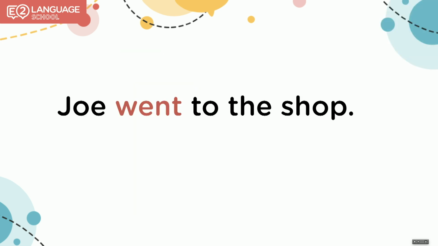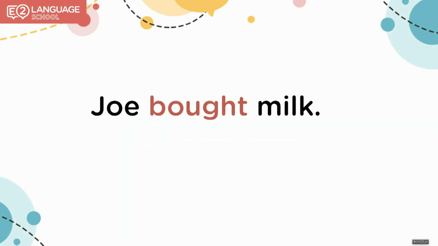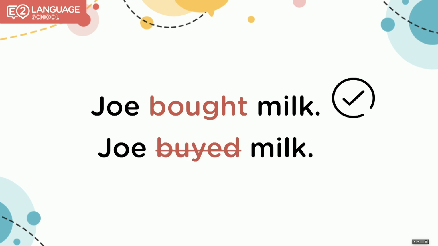Joe went to the shop. It's not Joe goed to the shop. That would be wrong. Joe bought milk. That's correct. Not Joe buyed milk. That is wrong. So we have an irregular did verb here.